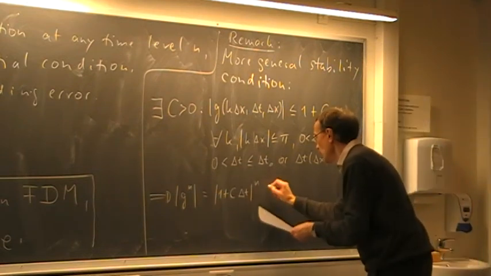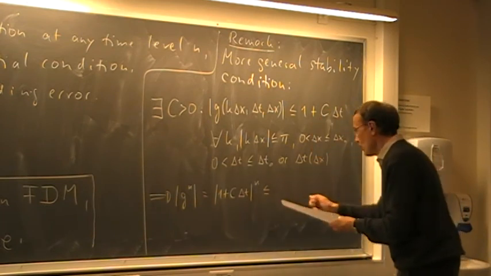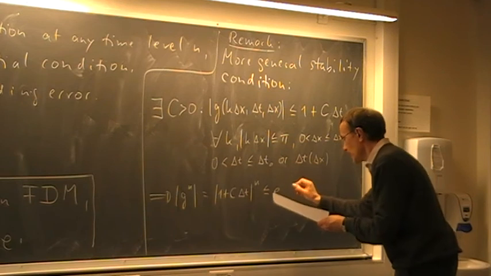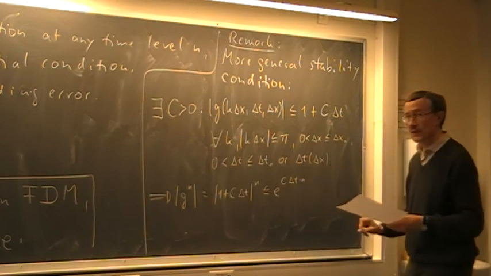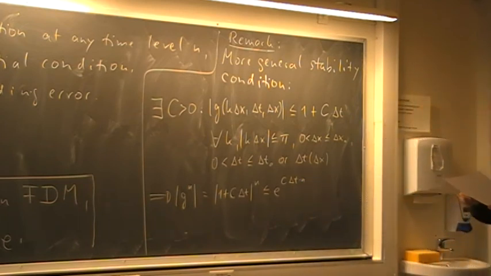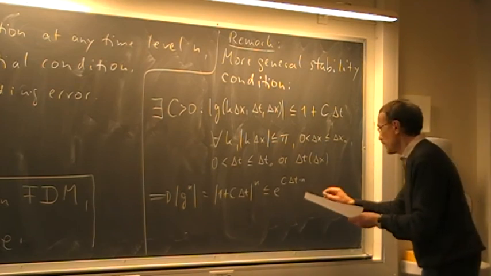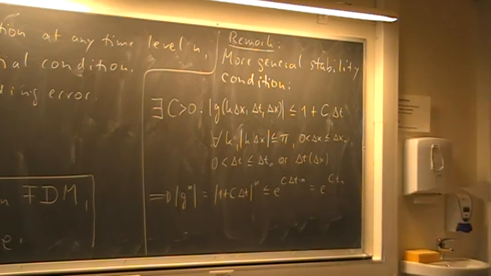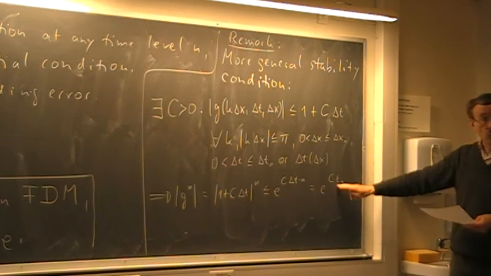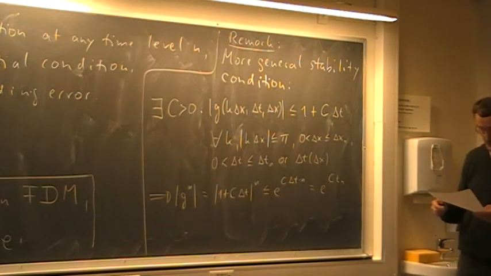So this can be estimated by e to the c delta t, and to the power n we get this. But n delta t is t_n, so that is e to the C t_n. So then we can get that bounded, and from that we can get the bound for the solution. Okay, so this is just to allow for an exponential growth when we have that in the solution.